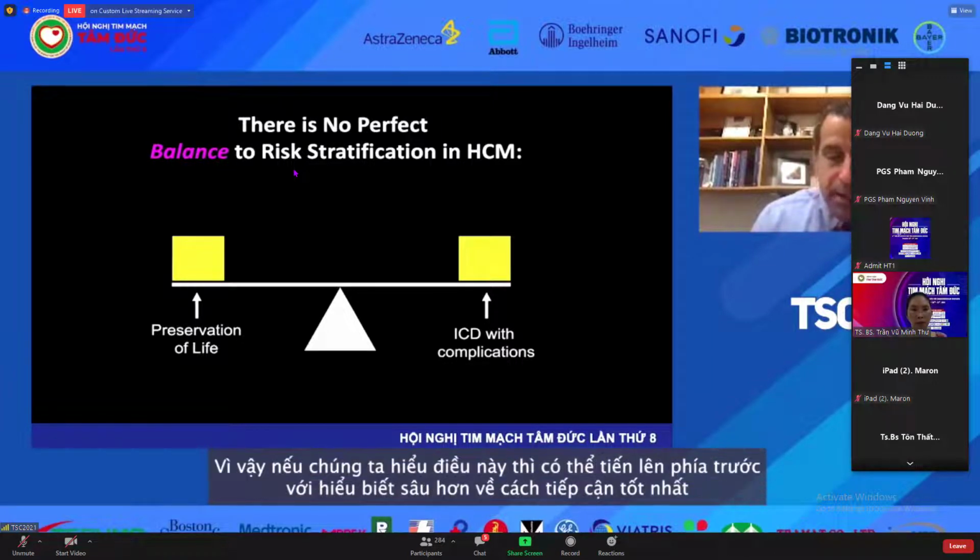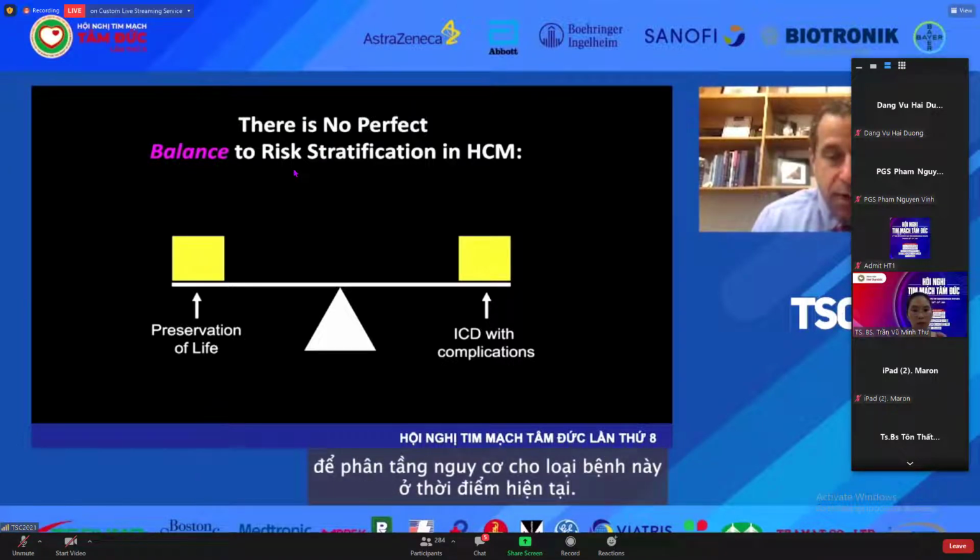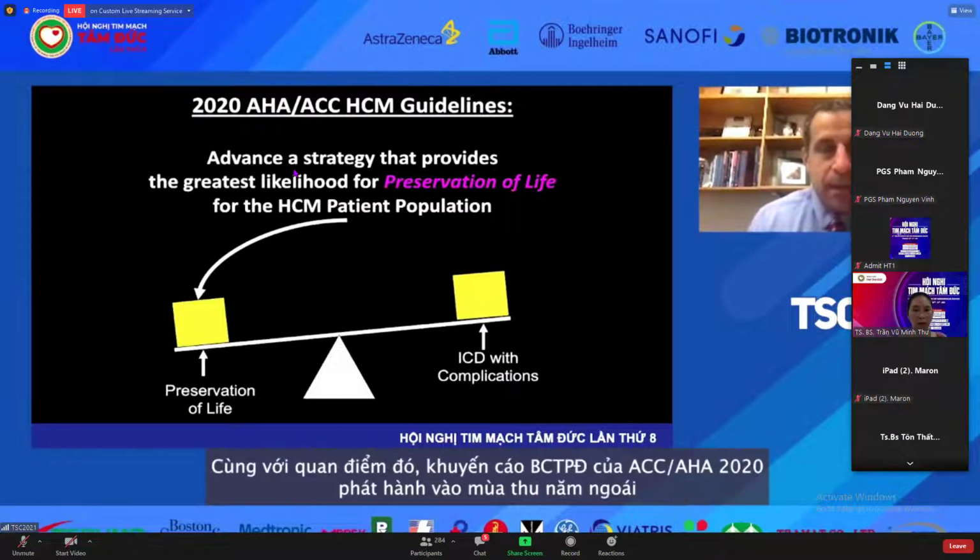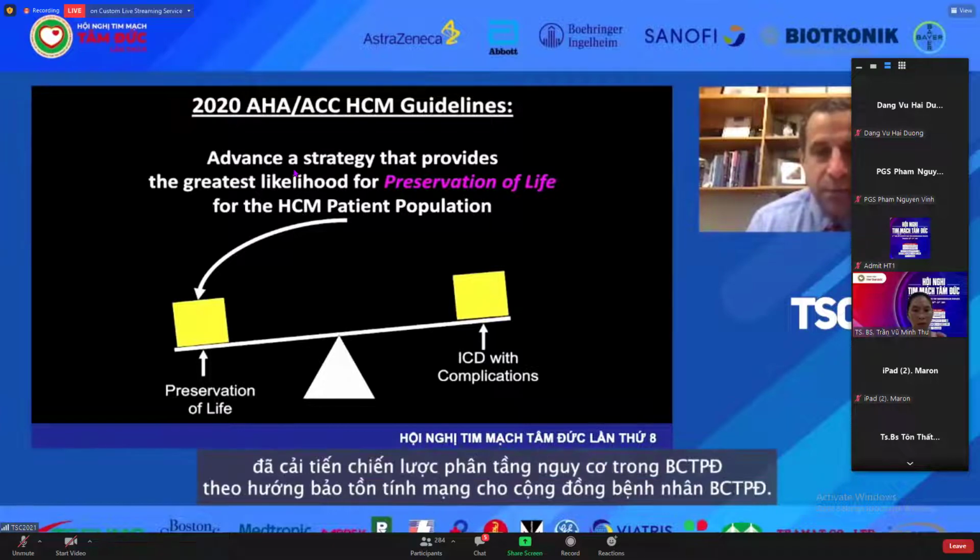So if we understand this, then we can move forward with a better understanding of how to best approach risk stratification strategies in this disease today. In that regard, the recent 2020 AHA-ACC HCM guidelines, published last fall, advanced a risk stratification strategy for HCM that was viewed to have the greatest likelihood for preservation of life for the HCM patient population.